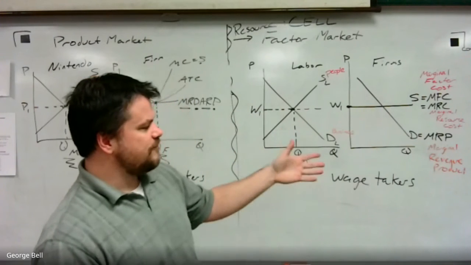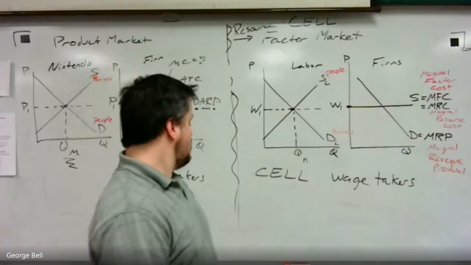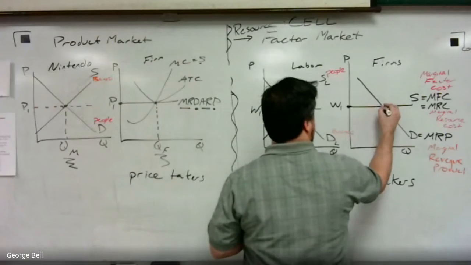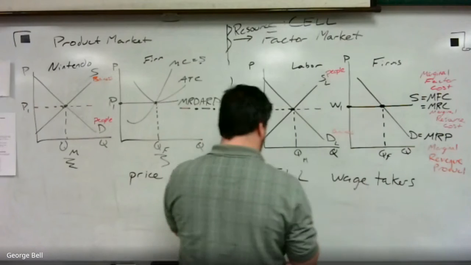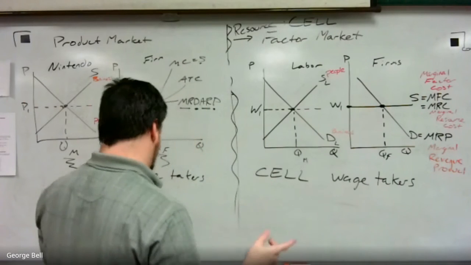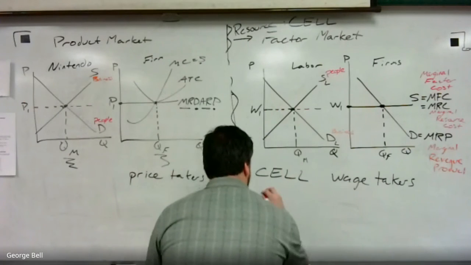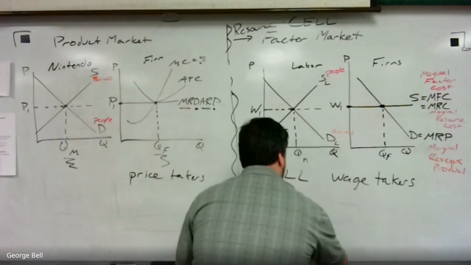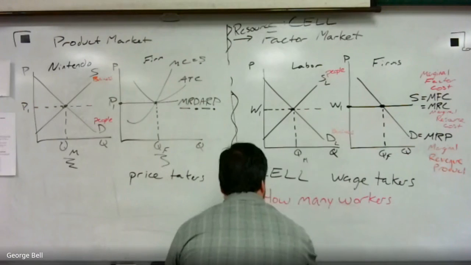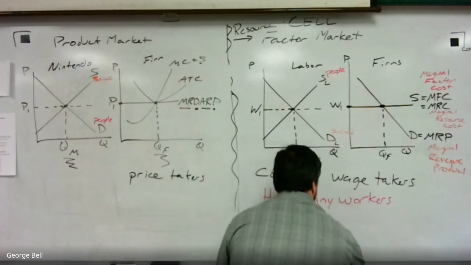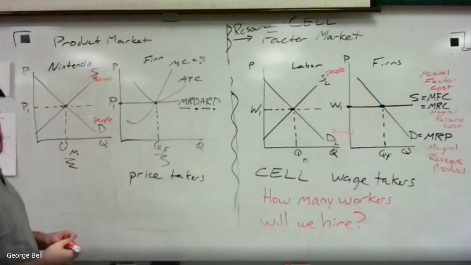And so marginal revenue product means the additional money we get from selling stuff. And then ultimately, this intersect right here is supply and demand. So this quantity line is the number of workers that the firm will hire in long run equilibrium. When we are working in this on the AP exam, the key question always will be, how many workers will the firm hire to maximize profit? And that'll be the next phase of what we learn to do.